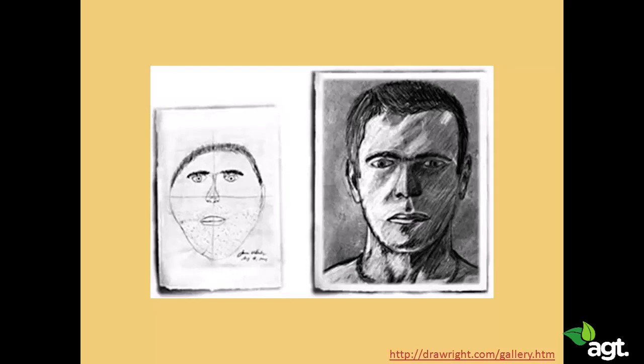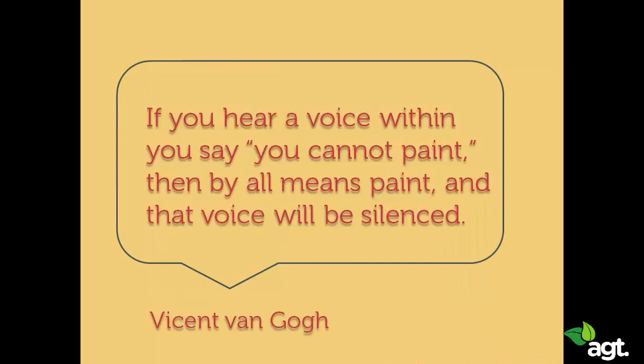That's incredible. But it's not only me and science who say that, but also one of the most famous painters of all time, Vincent van Gogh. He said, if you hear a voice within you say, you cannot paint, then by all means paint, and the voice will be silenced. He already knew what psychologists had to find out 100 years later.